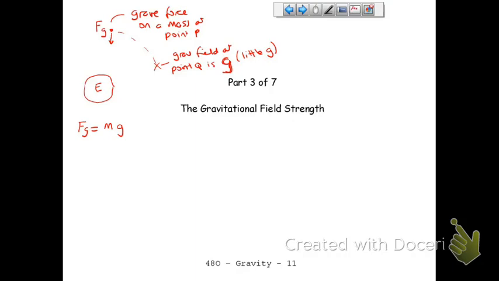Now, I suspect you were taught it's the mass times the acceleration due to gravity. That's not true. It gives you the right answer, but it's not the best way of interpreting what you just wrote down. What you wrote down was the mass that you're interested in multiplied by the gravitational field strength at the point you're going to put that mass.